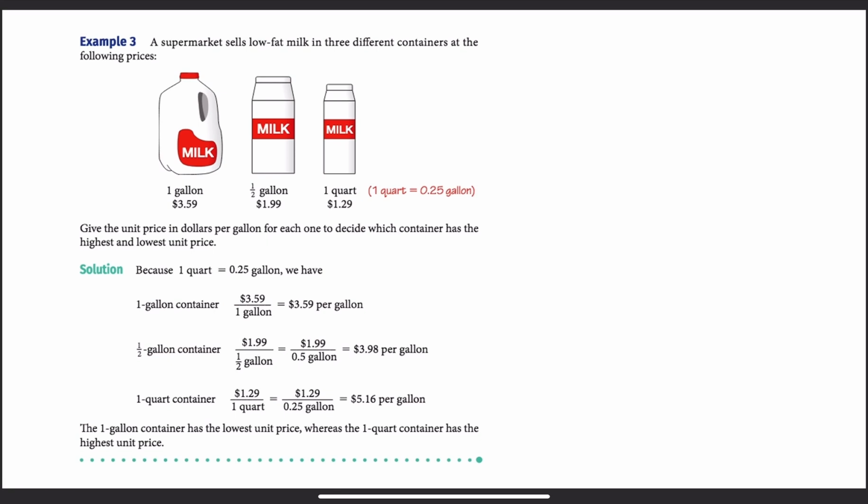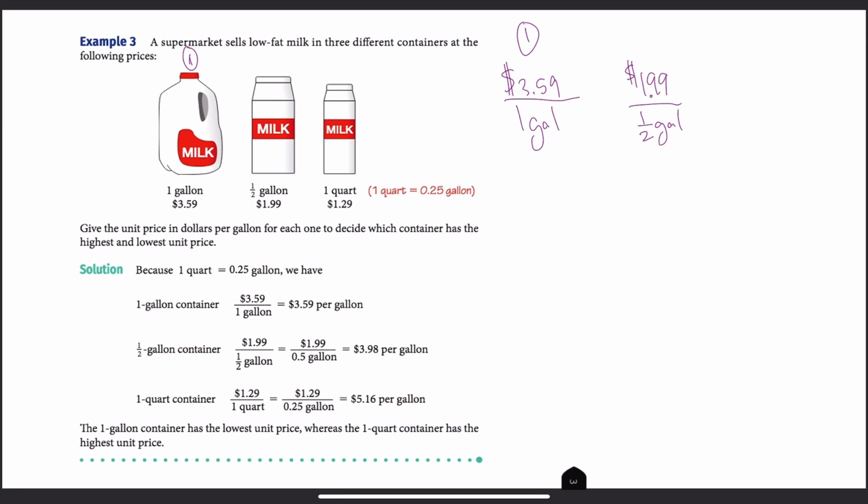So, we know that, for the 1 gallon container, it's $3.59 per 1 gallon. So that's one option. That's option number 1 here, right? Option number 2 is $1.99 for half that much.